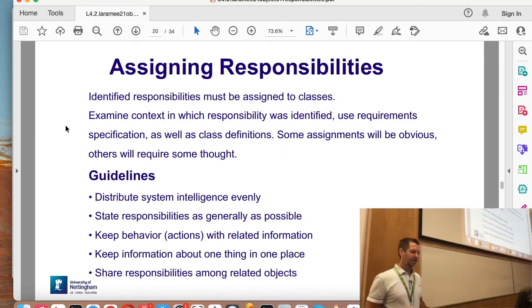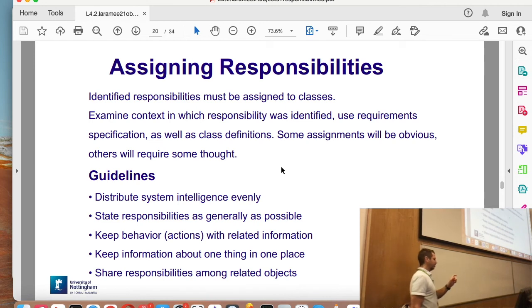Okay, so when we identify responsibilities by highlighting all the verbs in our requirement specification, you can imagine actually getting out a highlighter and highlighting the verbs. We can assign those responsibilities to classes. So examine the context in which the responsibility was identified, and you use the requirement specification as well as class definitions.